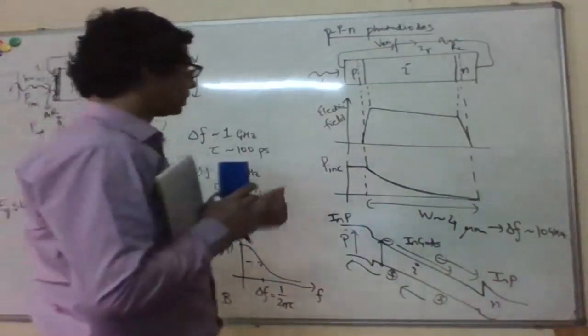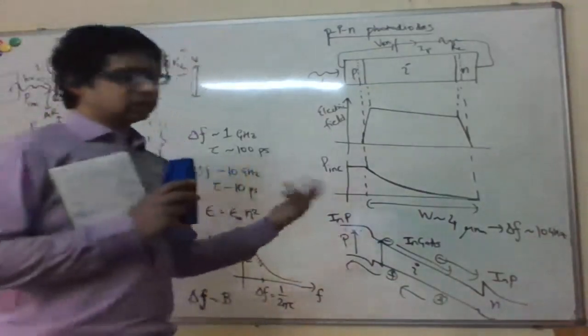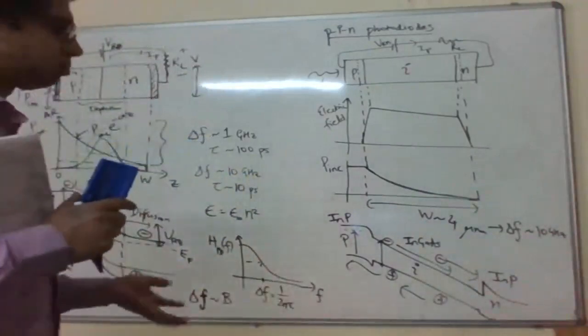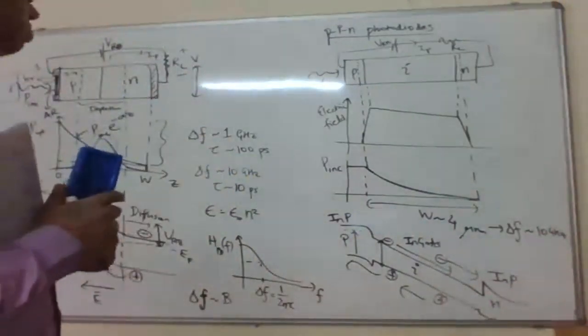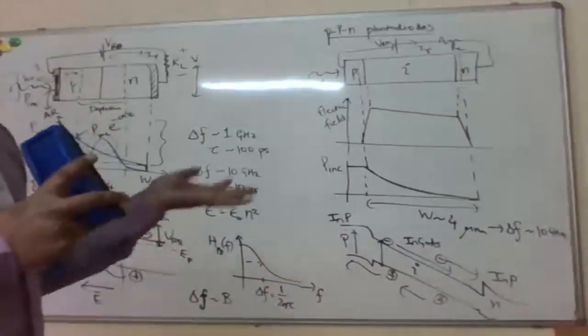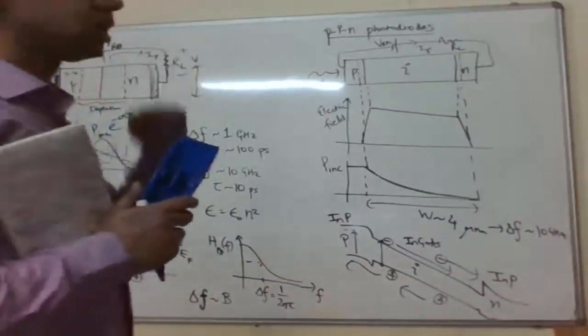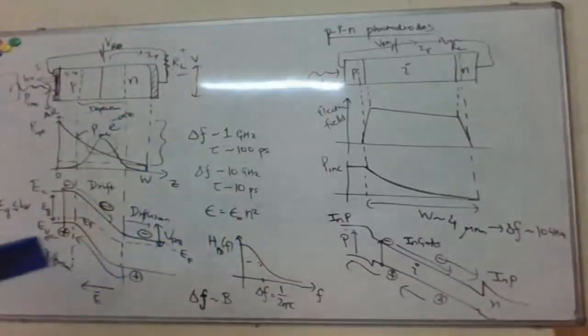Right, so we saw that, for example, if your detected power is, let's say, above tens of microwatts, 100 microwatts or close to a milliwatt or so, then you're much above the noise floor and you can easily use PIN photodiodes.